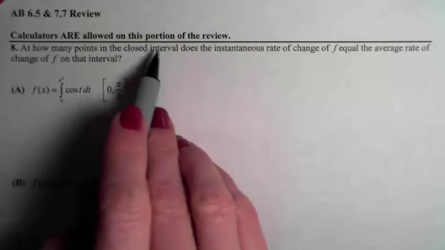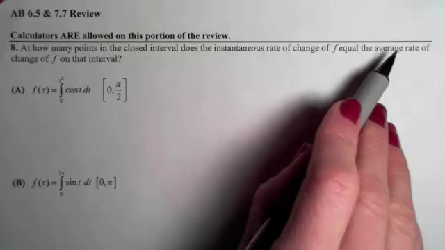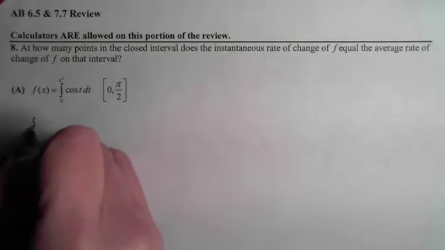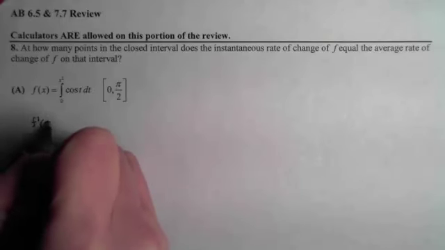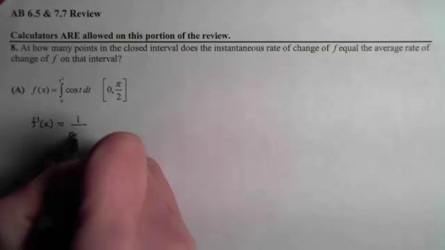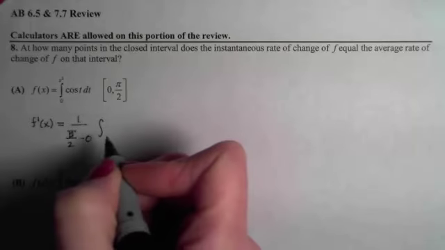It says, at how many points in the closed interval does the instantaneous rate of change of f equal the average rate of change of f? So we want the instantaneous rate of change to equal the average rate of change.